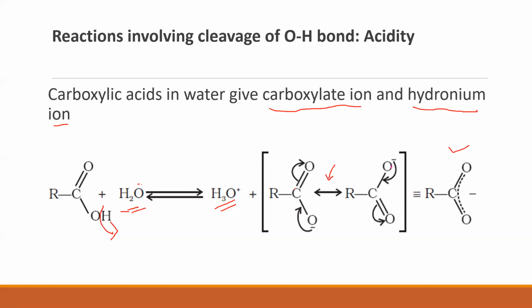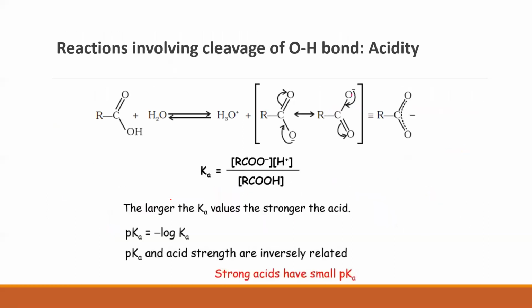It gives us a carboxylate ion and a hydronium ion. This reaction is a reversible reaction, which means it can attain equilibrium. At equilibrium, we can write a relationship for the equilibrium constant. Now, this is the relationship for the equilibrium constant.